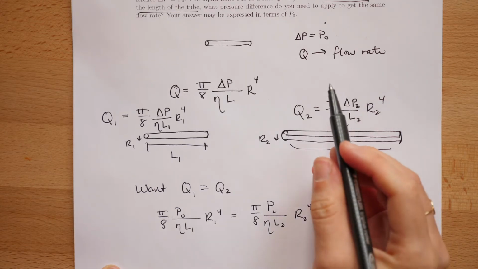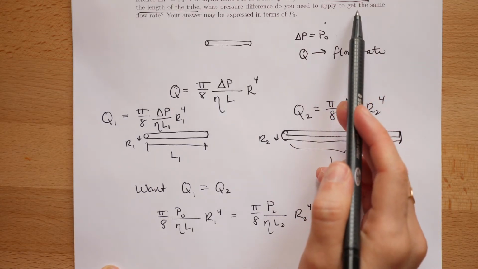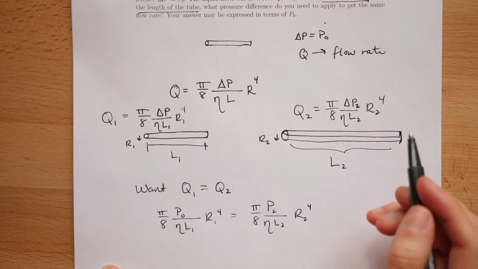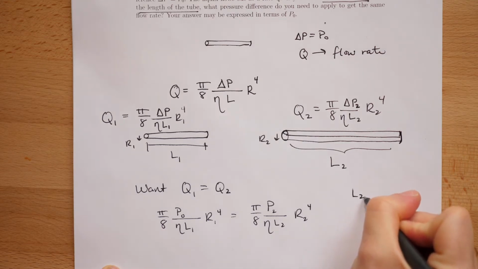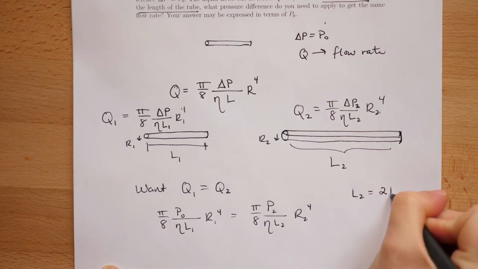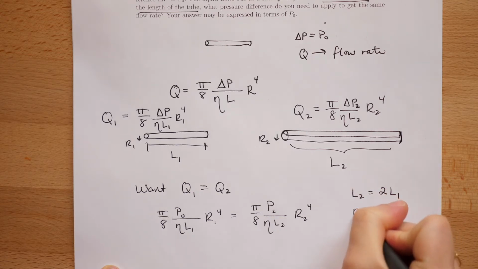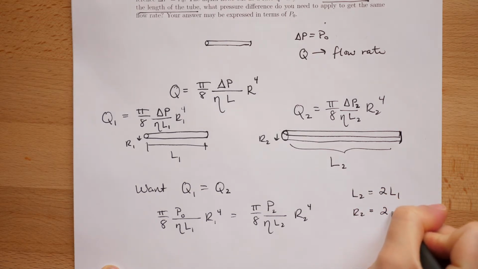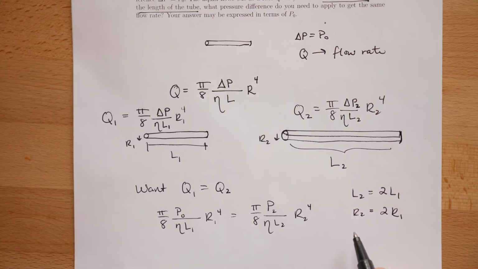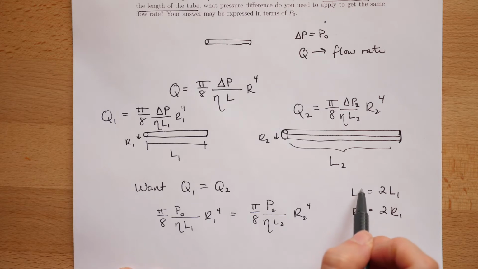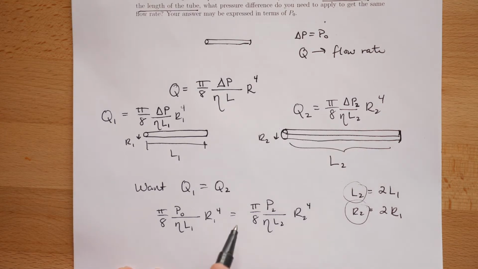Now the problem told us how the radius and the length were related. L2 is twice as big as L1, and R2 is twice as big as R1. So we can substitute to get our new pressure in terms of L1 and R1.